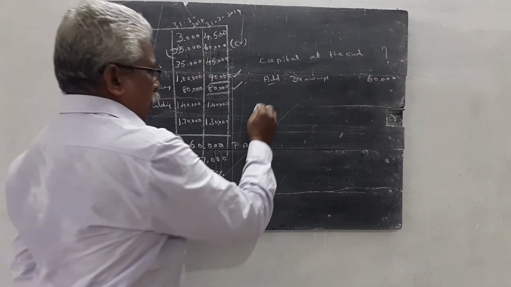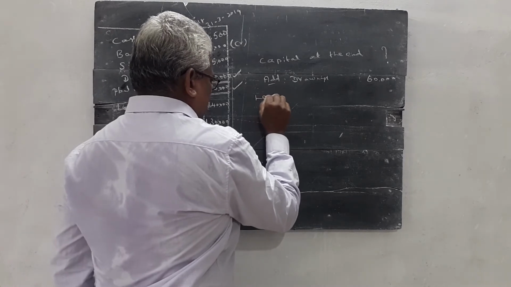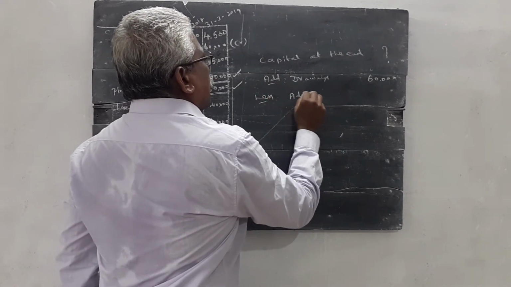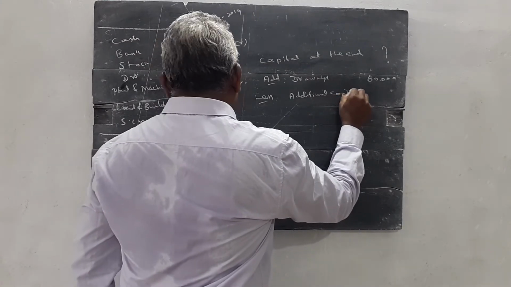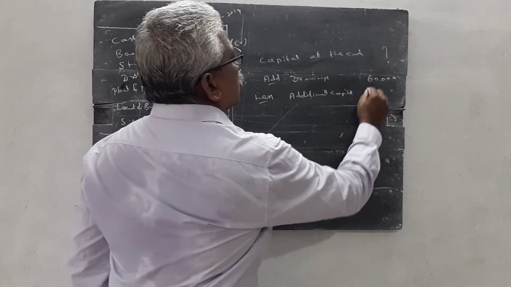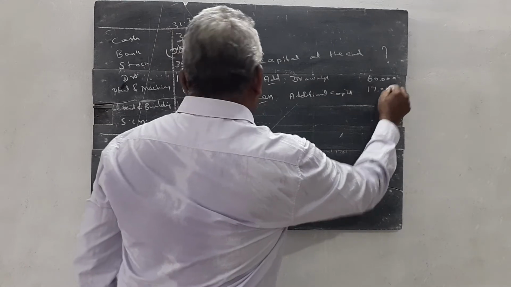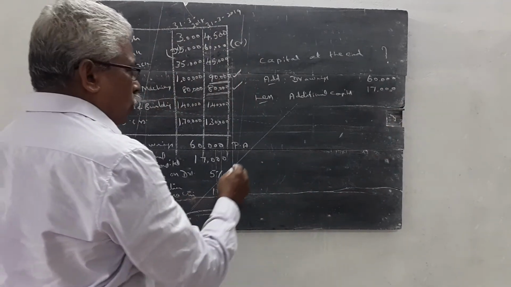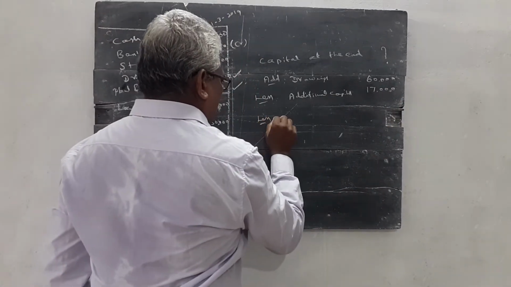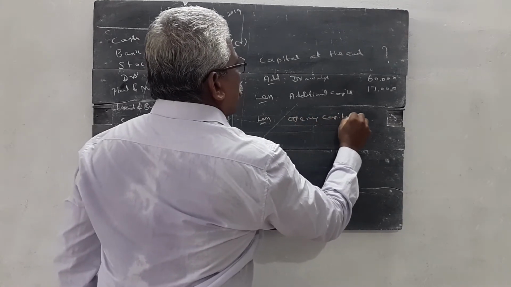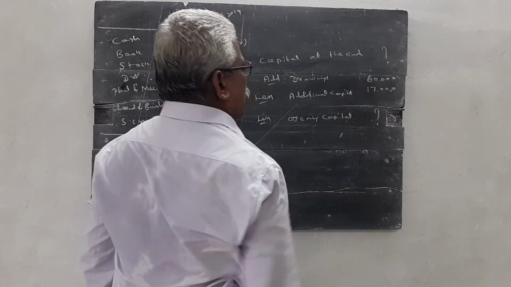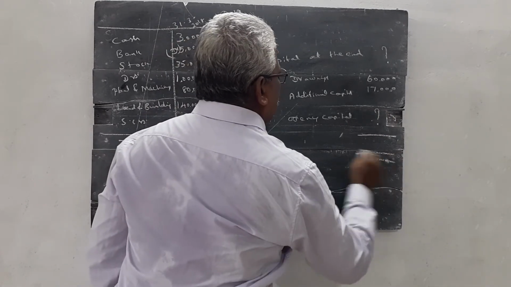Then less additional capital. Additional capital is also given in the question, 17,000. Then less opening capital. It is not given. We have to calculate it. We have to find out the profit.